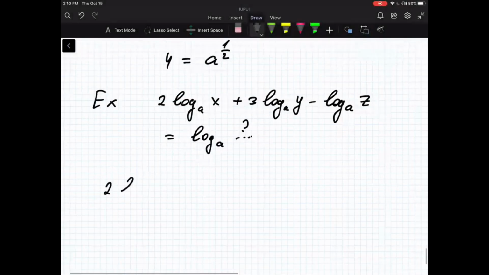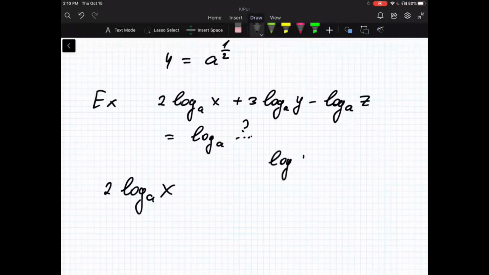So how to do that? First, I will use the third property. Remember that the property was logarithm of m to the power k with base a is equal to k logarithm of m with base a.